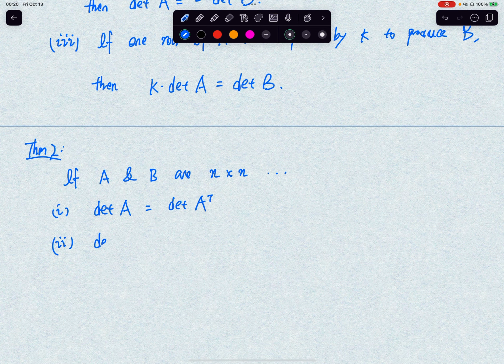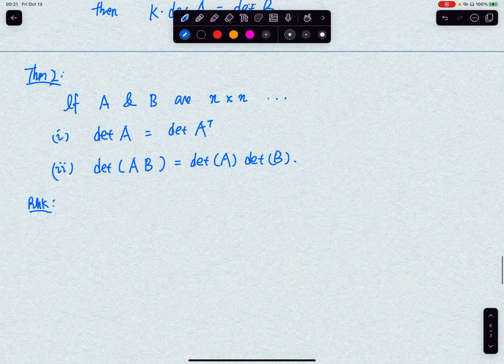And also, we have the determinant of AB equals the determinant of A times the determinant of B. And note that we have a stronger result in multiplication of matrices, where the determinant of the product of two matrices equals the product of the determinants, respectively.